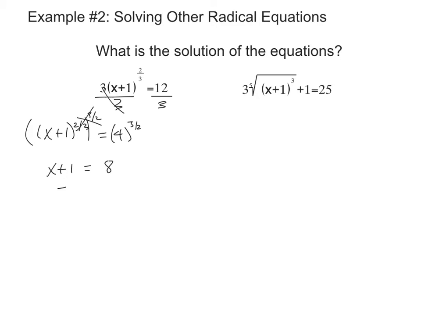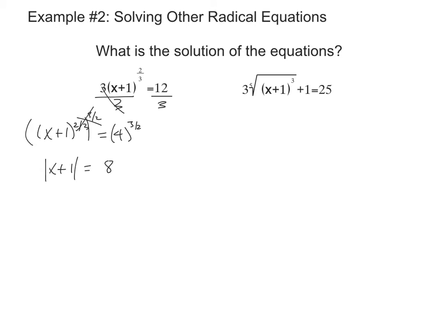Now, here's the deal. And let me go ahead and erase this. X plus 1, yes, so here's the deal. What's left is actually the absolute value, because once you multiply by the reciprocal, it's actually the absolute value that's left over. So it's the absolute value of x plus 1 equal to 8.